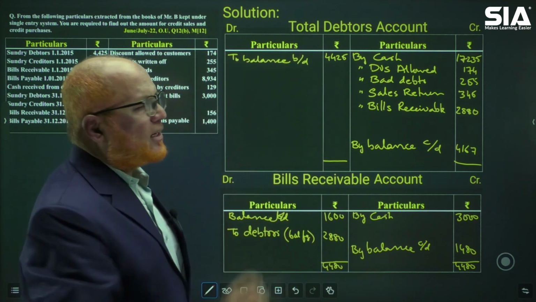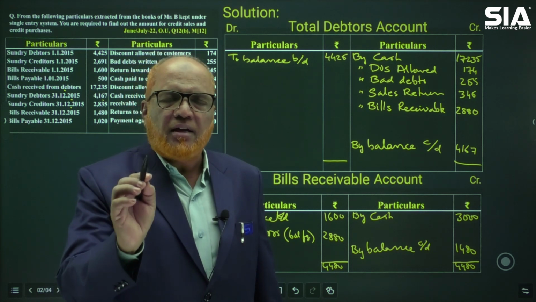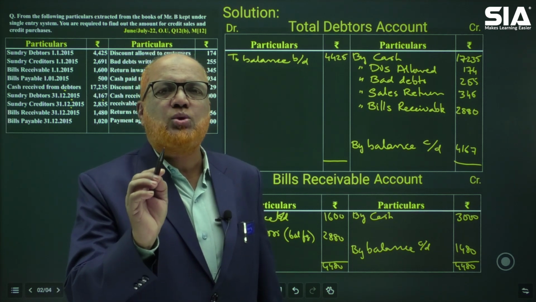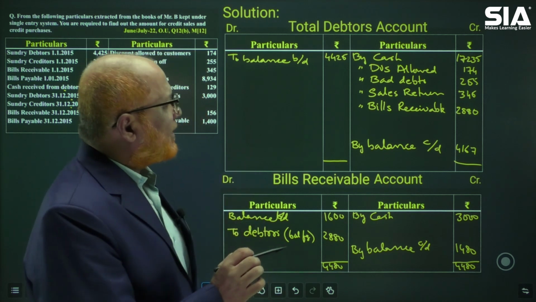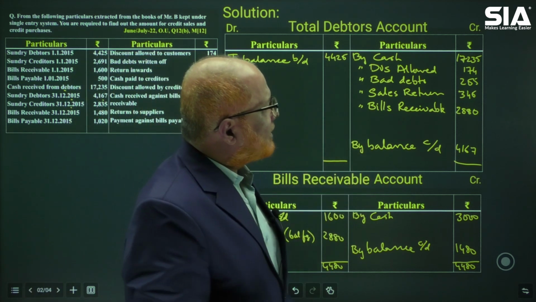Now finally total debtors account is remaining. Here the balancing figure is the total sales. So how to find out the sales? Take the total on the credit side.